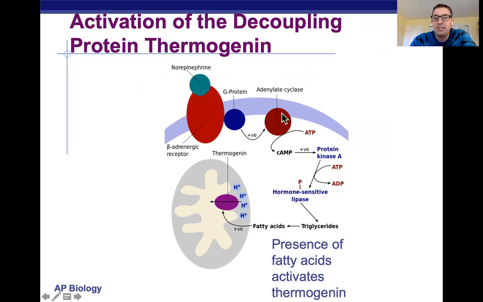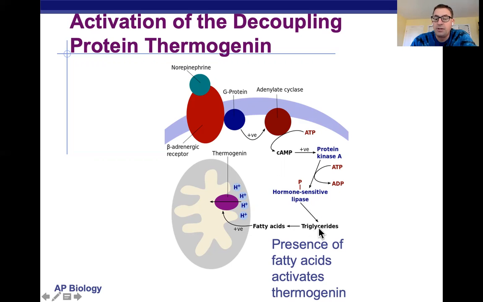So this adenylyl cyclase then converts ATP into cyclic AMP, which serves as a second messenger to activate a protein kinase, which then phosphorylates an enzyme in the cell. It is a hormone sensitive lipase that becomes active when it's phosphorylated and starts to hydrolyze triglycerides, which are our fat molecules made of glycerol and 3 fatty acids.